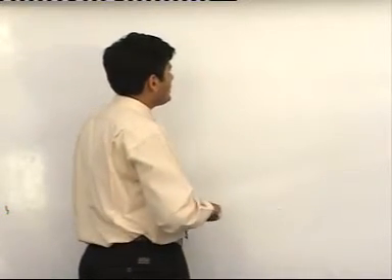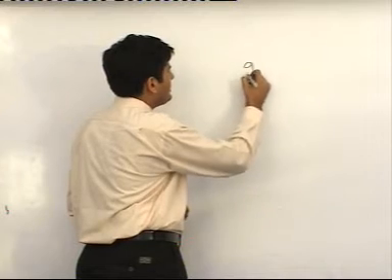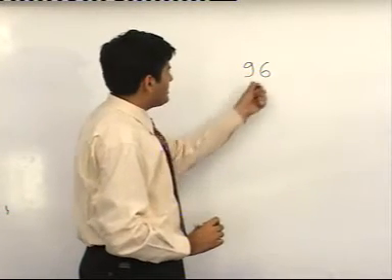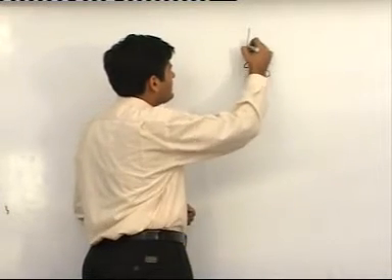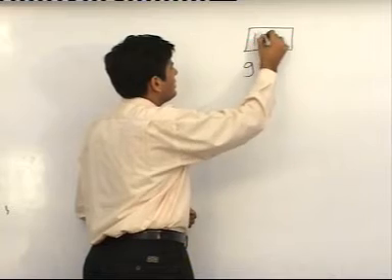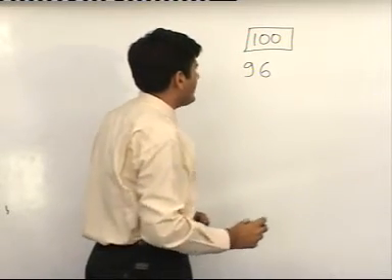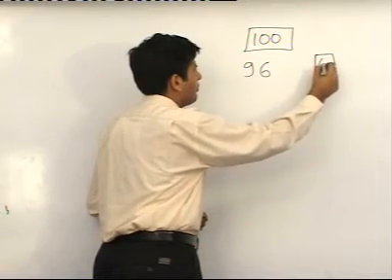Suppose we want to find the square of the number, say 96. Now, this number 96 is closer to the base 100. Difference between 100 and 96 we will put in a box over here as 4.